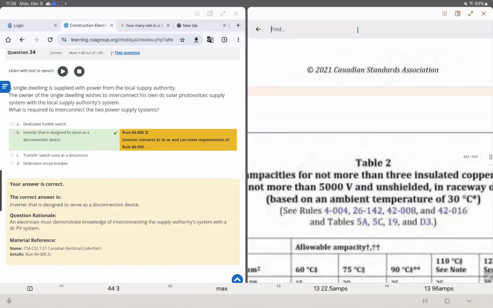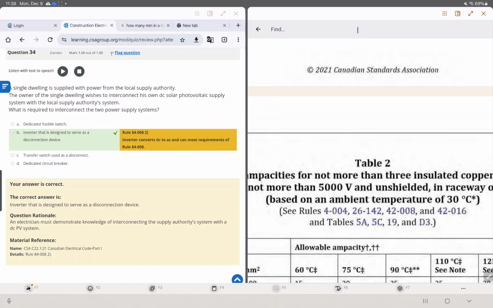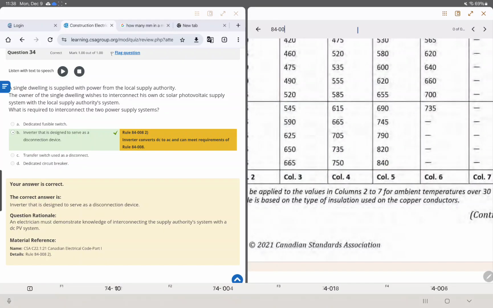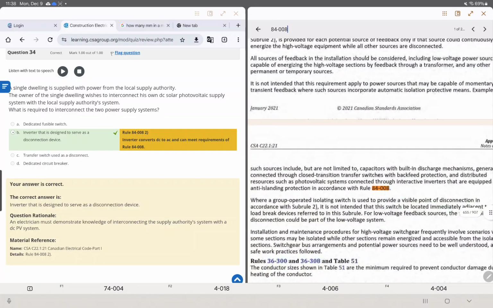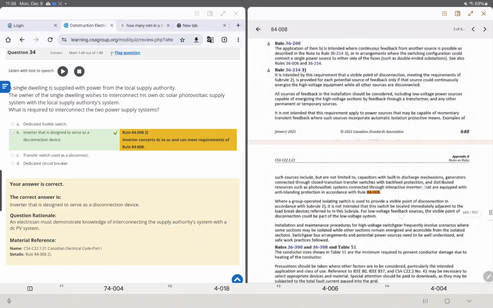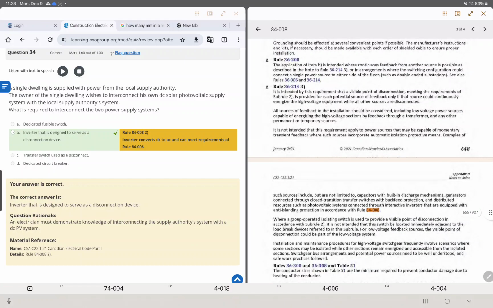Let's go look at this rule just out of curiosity. 84-008. And this is not Rule 84-008. Such sources include but not limited to capacitors. These are a photovoltaic system connected to interactive inverters that are equipped with anti-islanding protection in accordance with rule.